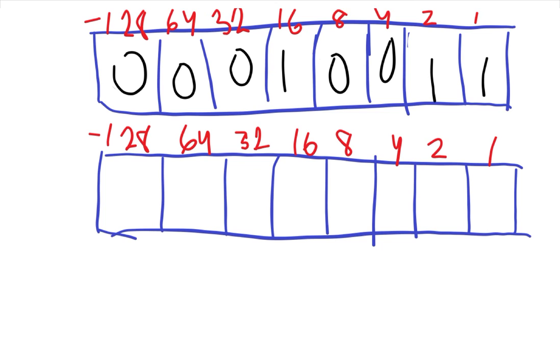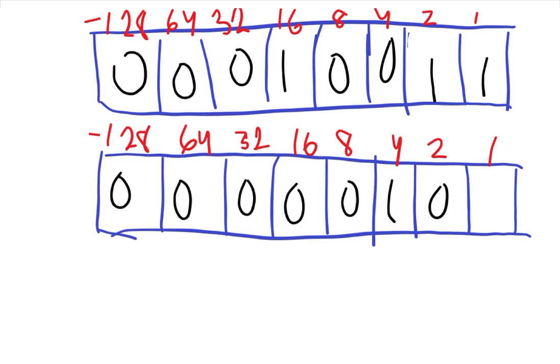The positive binary number 4 can be written in 2's complement format as shown: 0, 0, 0, 0, 0, 1, 0, 0. Now let's write negative binary numbers in 2's complement format.